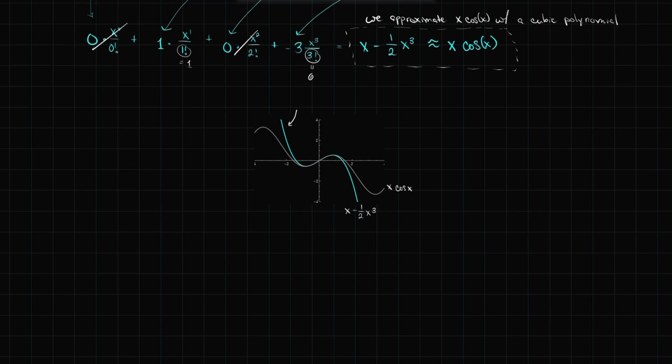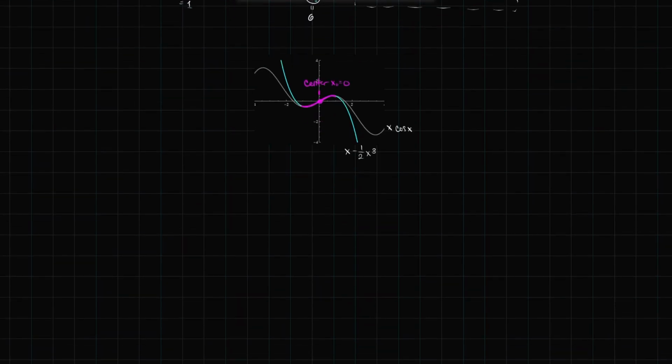And if we zoom in and just look at the way these functions behave near the center, which is at 0, the functions are basically the same. They have the exact same properties. We would find out if we added more and more terms to the Taylor series, we would get closer and closer to this x cosine x that we're looking for. So that's what it means to approximate with a Taylor series. You get a cubic that looks a lot like the original function, at least near the point.